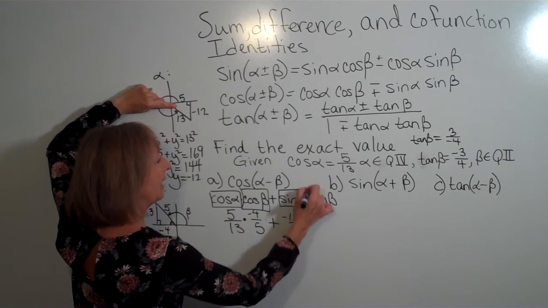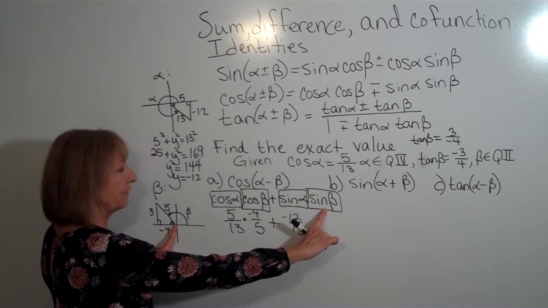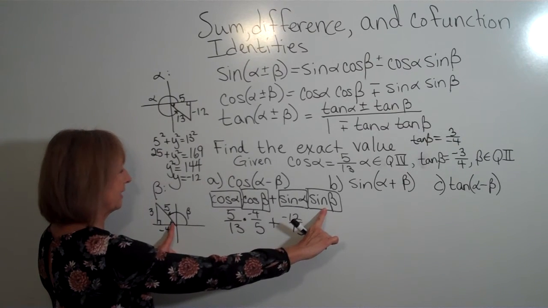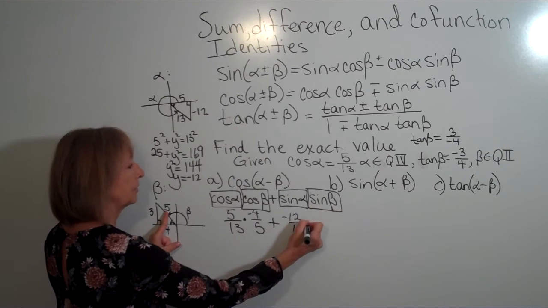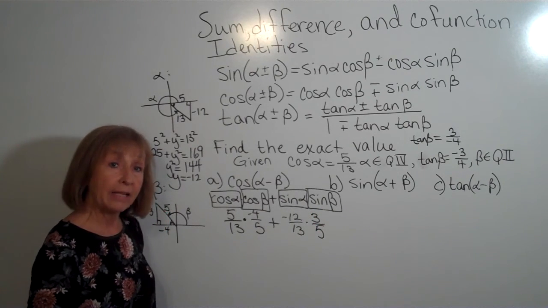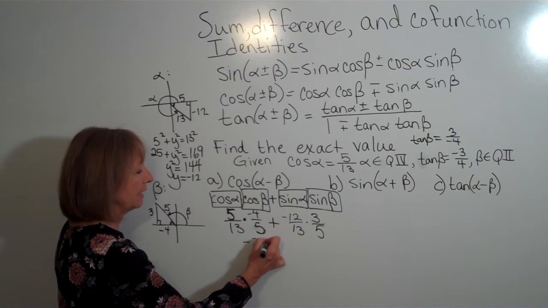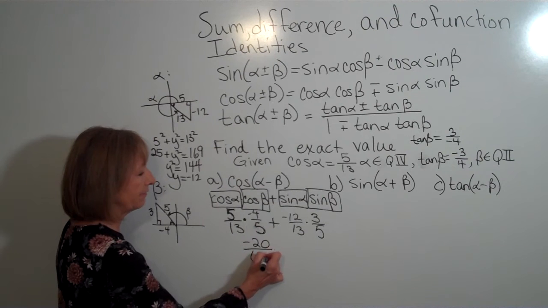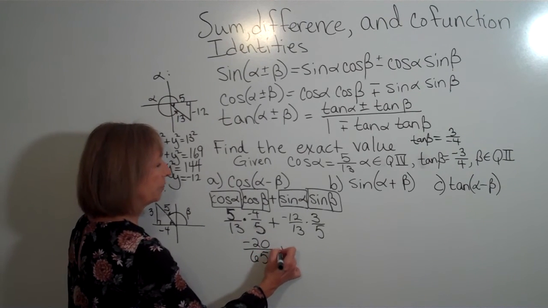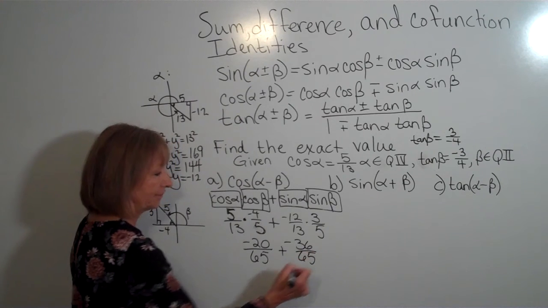And then sine of beta, we're going to go to this figure, and the sine of this is opposite over hypotenuse, so that's 3/5. Now follow your order of operations. We have negative 20 over 65, and then plus a negative 36 over 65.